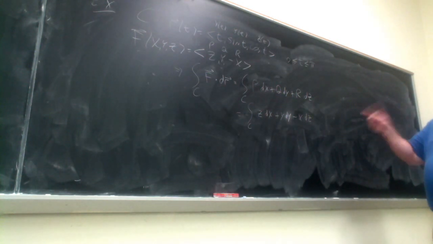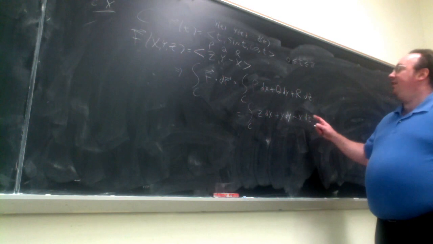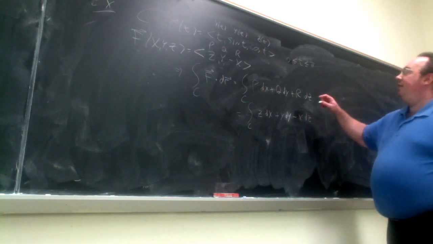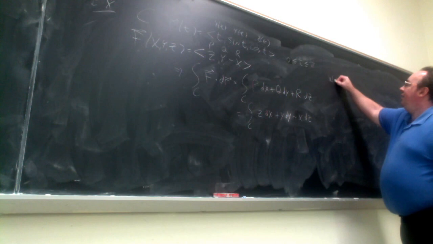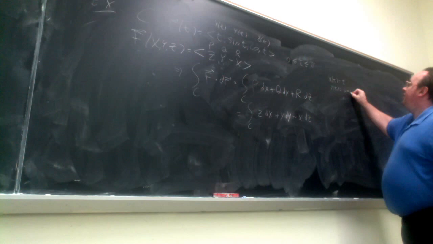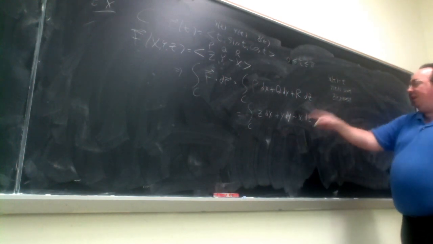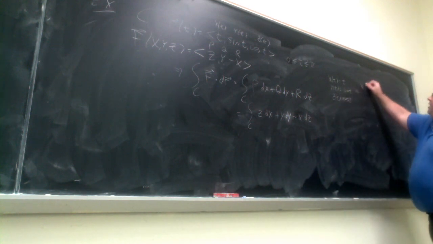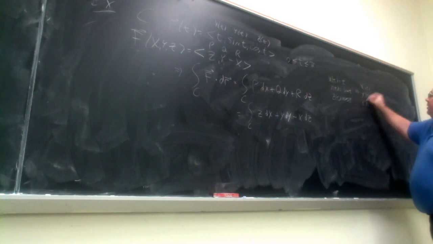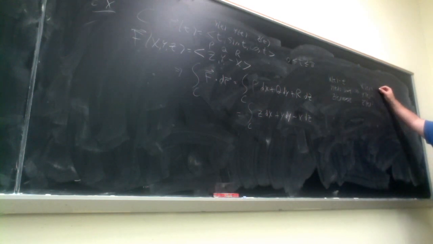Okay, now we're going to fill in everything. So we have x of t is t, y of t is sine t, z of t is cosine t. So for dx, dy, dz, we need our derivatives, which are 1, cosine t, and minus sine t.